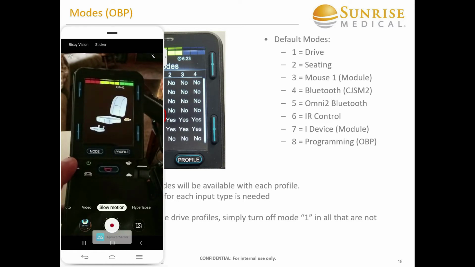The next hit takes me to seating. The next one takes me to my Bluetooth. The next one takes me back to my drive. If I had additional items like IR in here, it would toggle through that one as well. And now again, I can go through my profiles. So somebody who's using the mode profile button can easily access all of their profiles and all of their modes just by hitting the button several times.